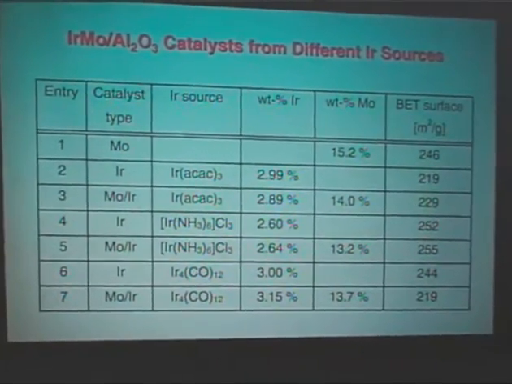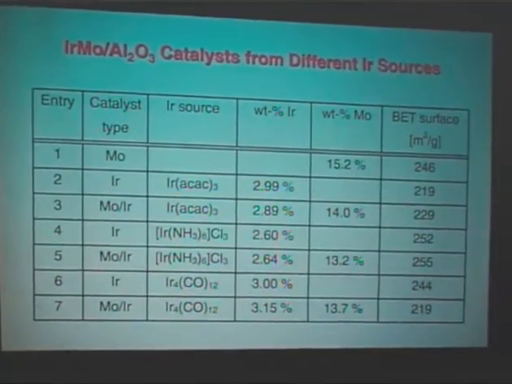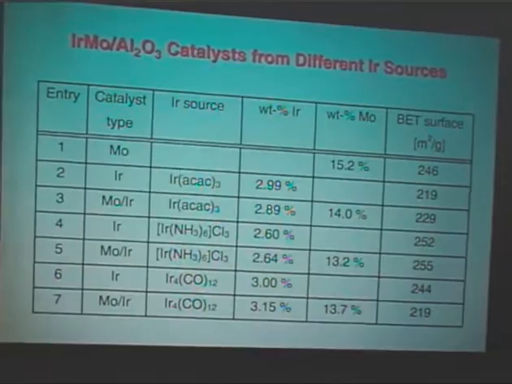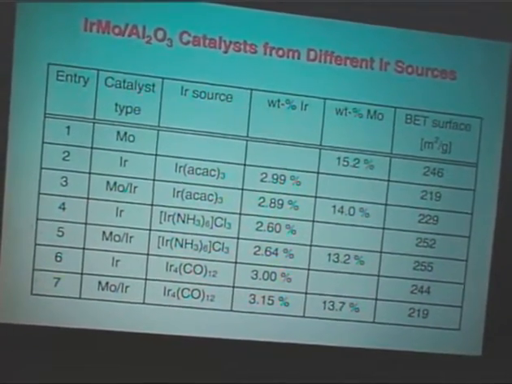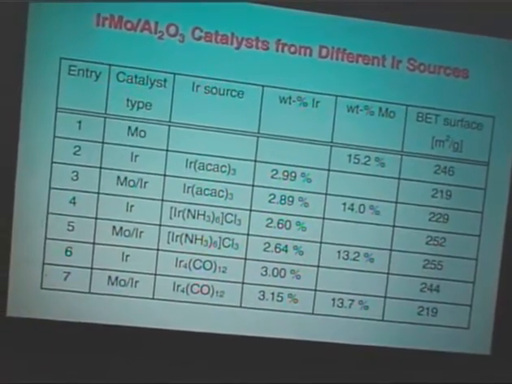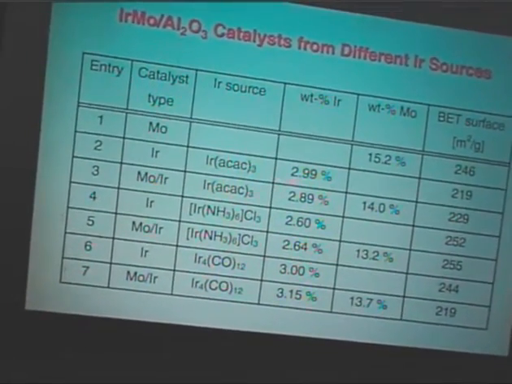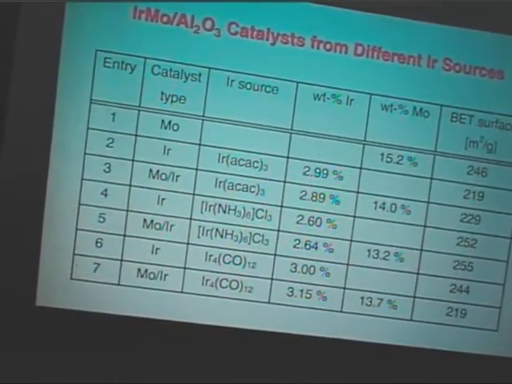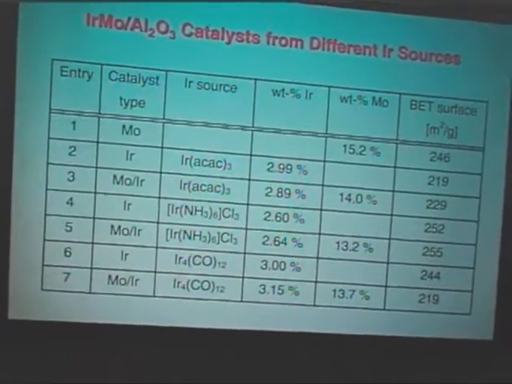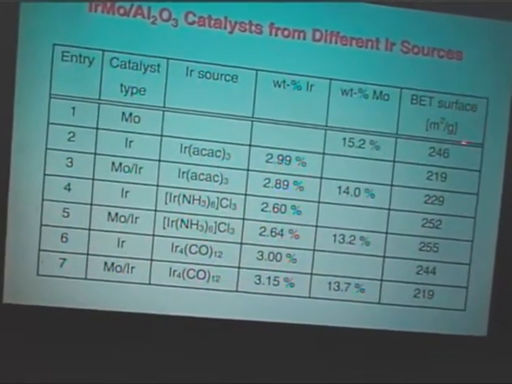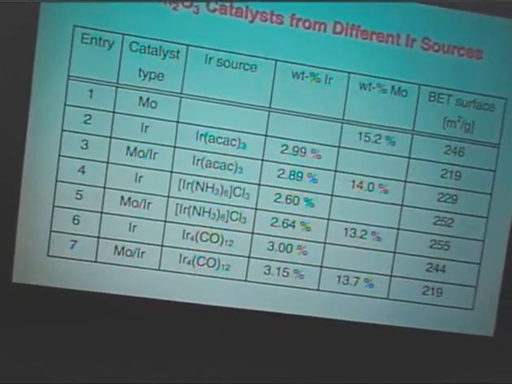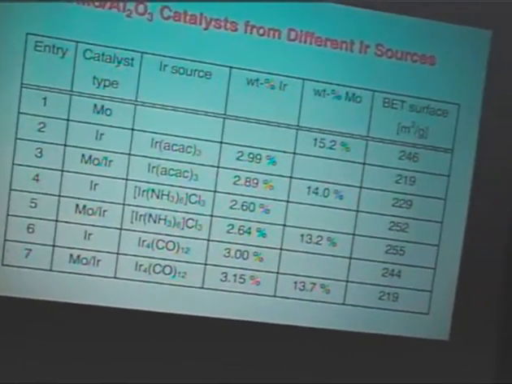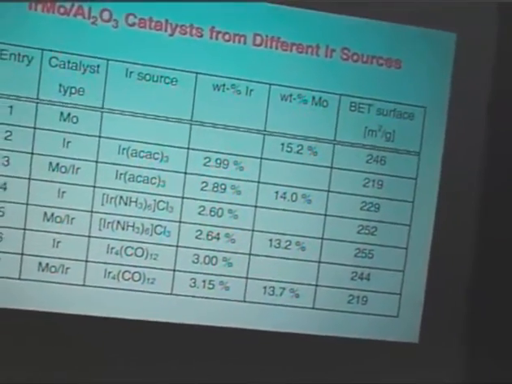The iridium load was analyzed to lie between about 2.6% and 3.50%. And for comparative reasons, we also prepared these pure iridium catalysts. The BET surface of these catalysts shows a very narrow distribution between 219 and 255 square meters per gram.